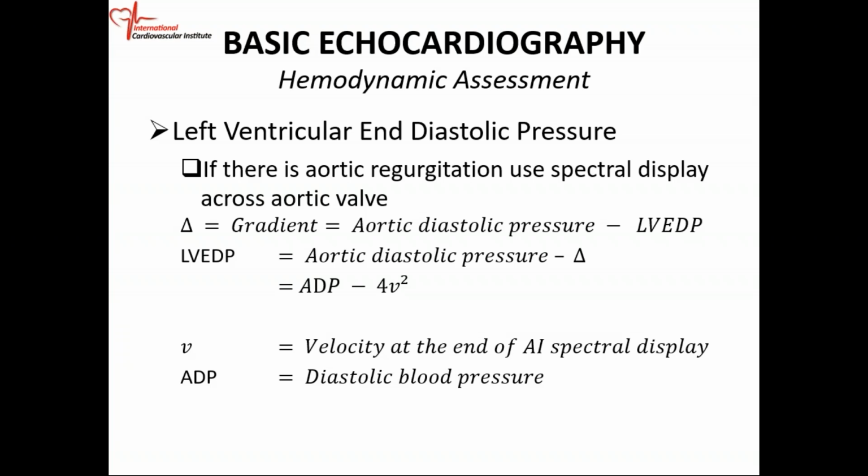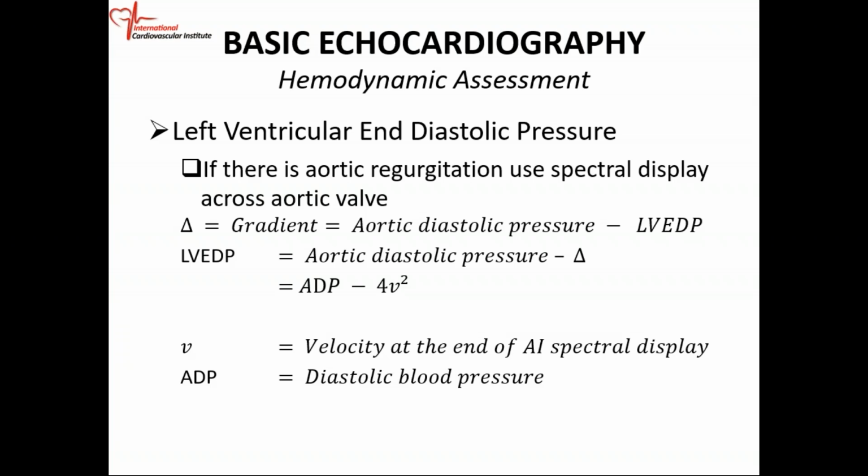That's a normal forward flow. In diastole, the aortic valve should be competent and should not allow blood to flow backwards. But if the aortic valve is incompetent for whatever reason, in diastole, blood is going to flow from the aorta across the aortic valve into the left ventricular flow tract and into the left ventricle.